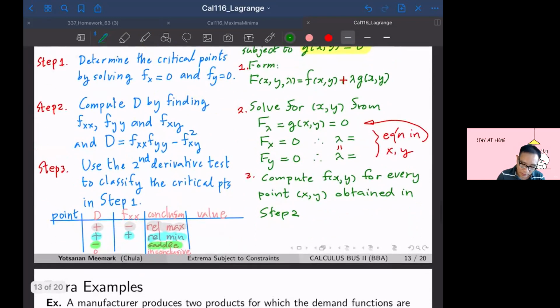Okay, and the highest one will be the maximum, and the lowest one will be the minimum. Okay, so this one will be the thing that you have. However, sometimes you have only one point. So if you have only one point, you read the question.